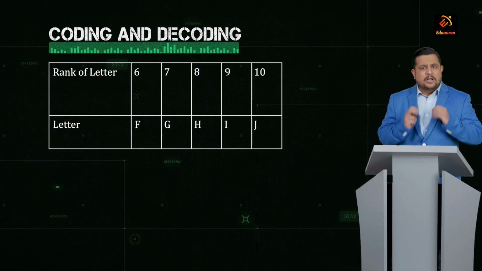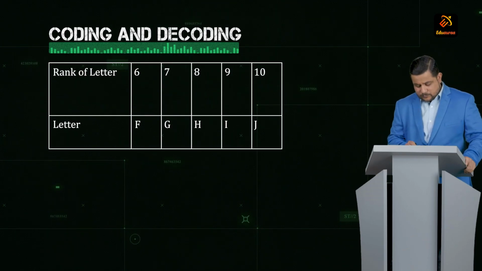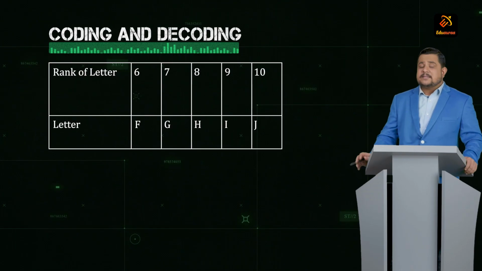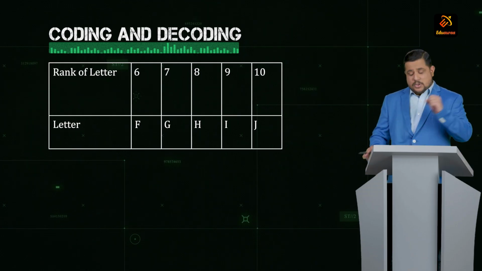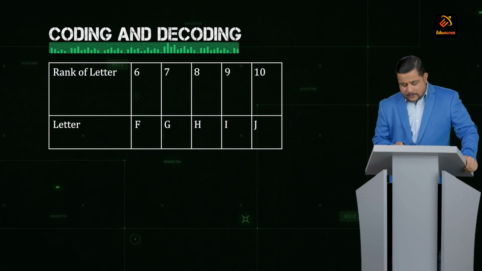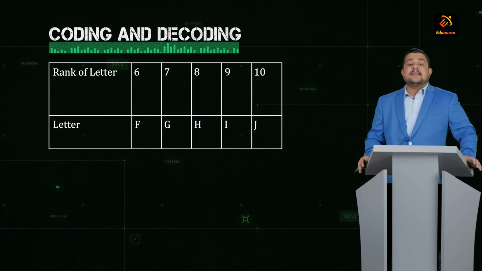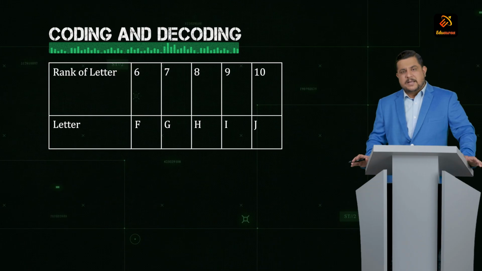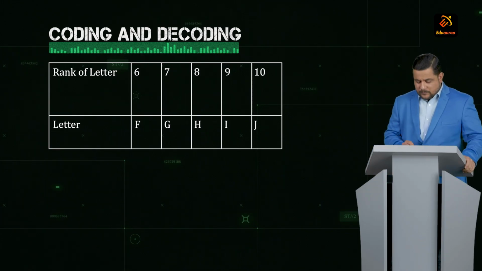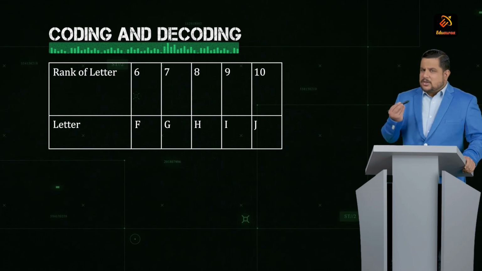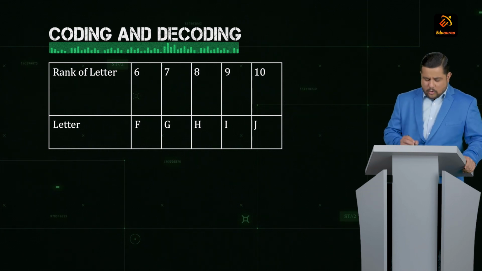Now, if I talk about H, what is the rank of H in alphabetical order? At which place does it come? You will say the rank of H is 8th in alphabetical order. H looks like 8, or not?